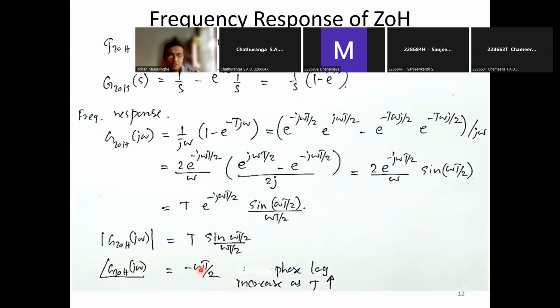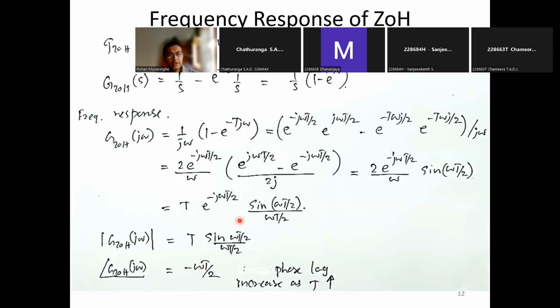This many radians is lost for that particular frequency, and the phase loss is a function of frequency. So higher frequencies undergo higher losses. Higher the frequency, greater the losses.